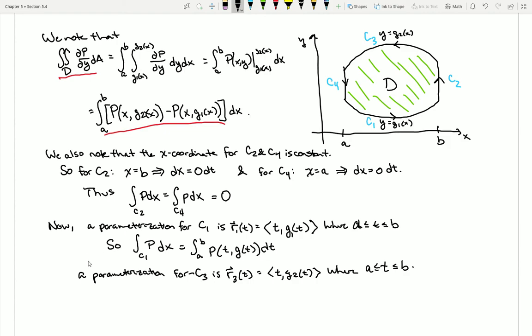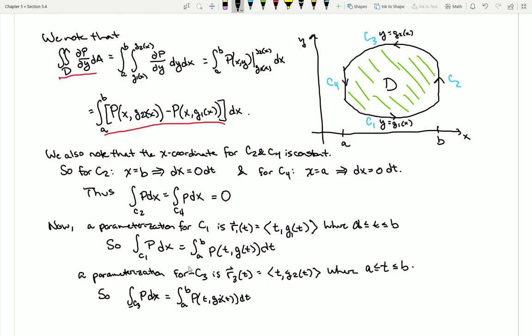But that's okay, because what that tells me is that if I was to do the integral along negative C3 p dx, I get, again, an integral that goes from a to b of P of t comma g2 dt.